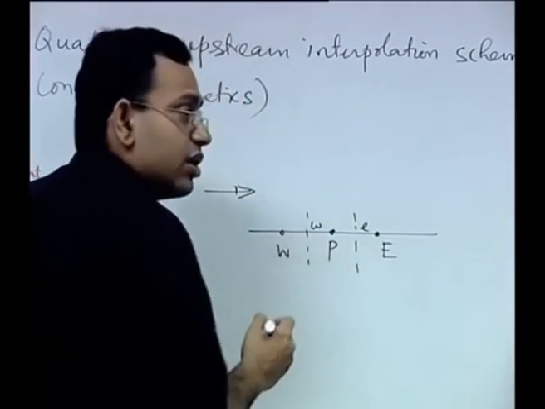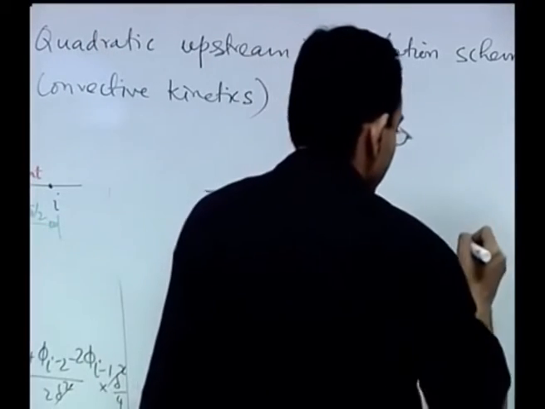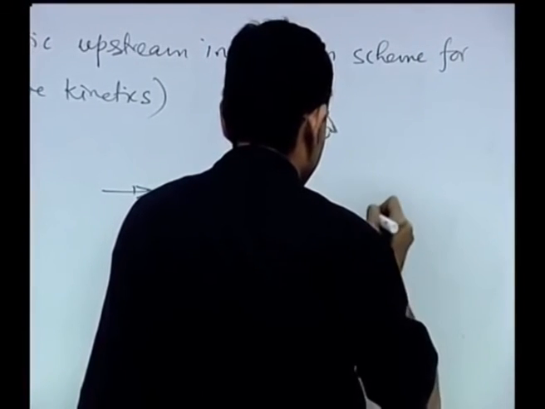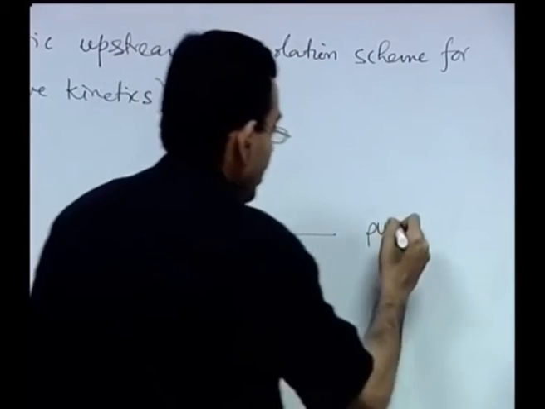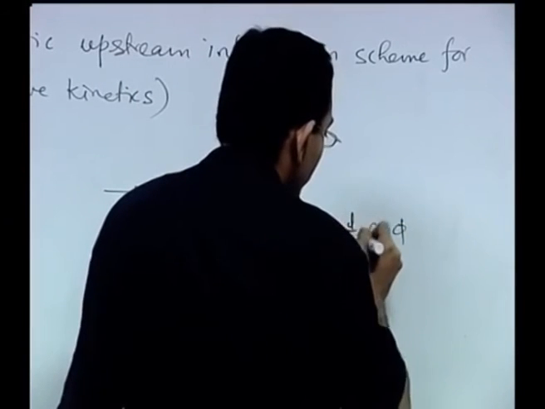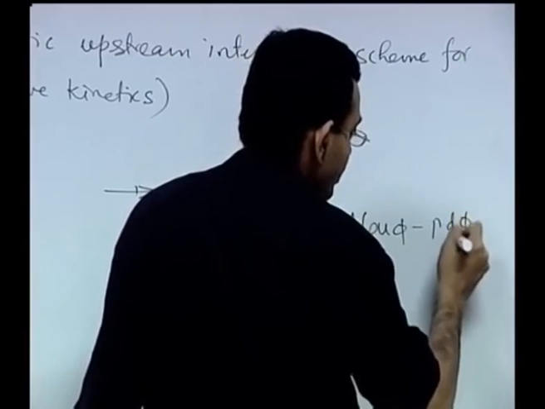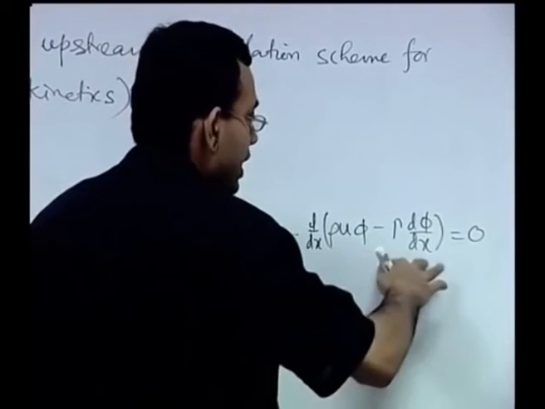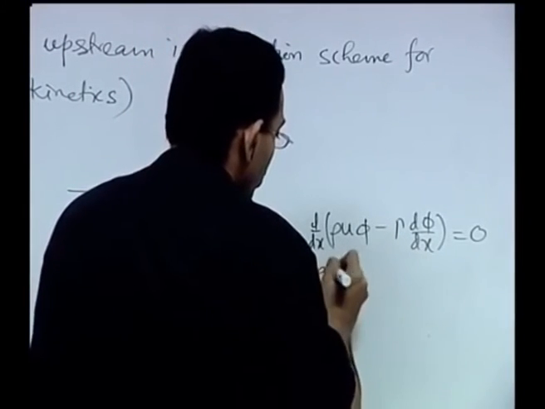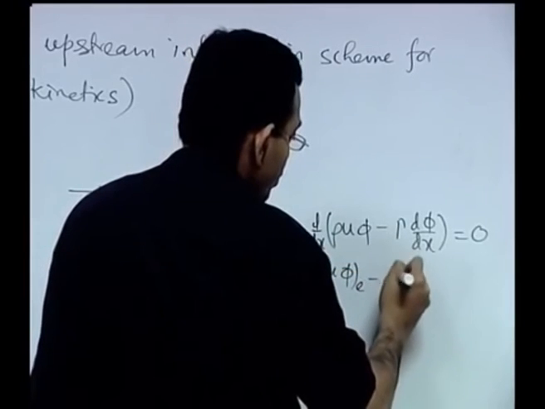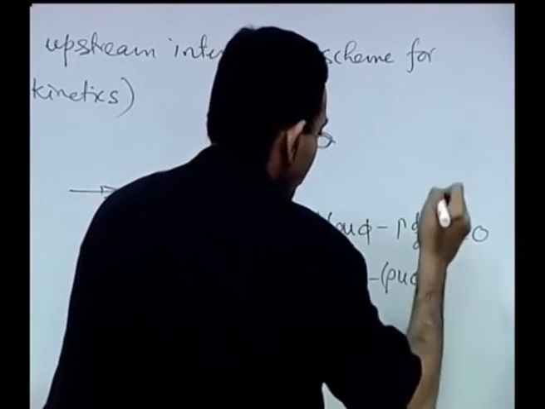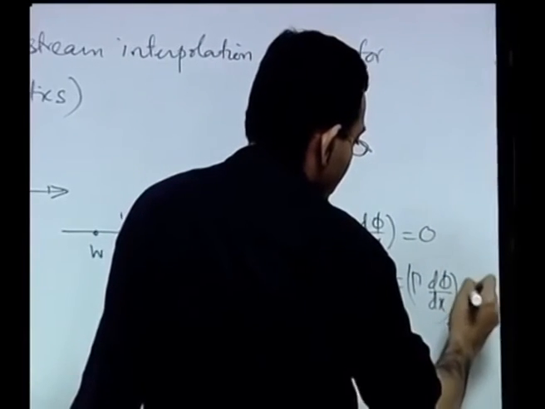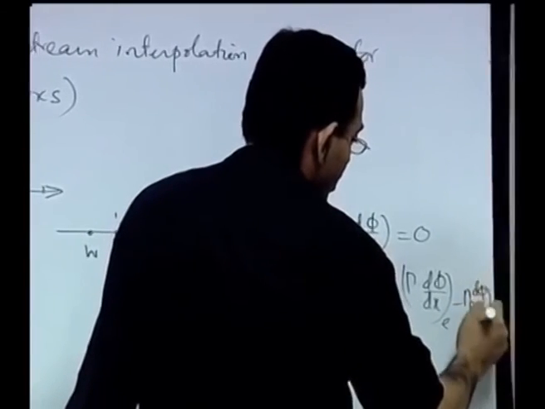Now let us write the corresponding discretized equation. So, you have d dx of rho u phi minus gamma d phi dx equal to 0. So, if you integrate it with respect to x, rho u phi at E minus rho u phi at W is equal to gamma d phi dx at E minus gamma d phi dx at W.